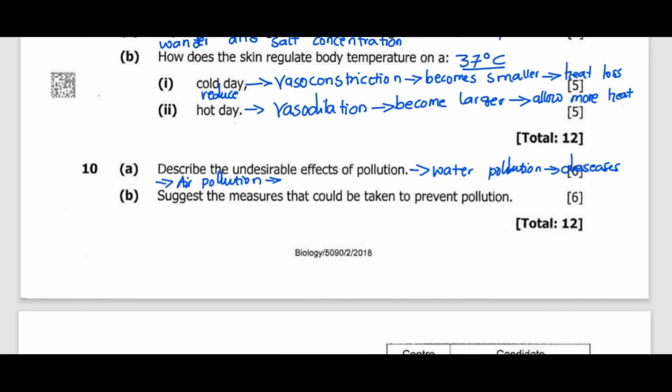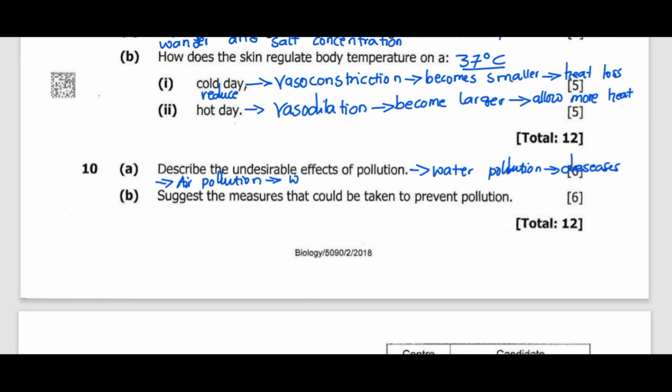Then the other one, polluting the air may cause global warming, which is also a negative. Then also ozone depletion. Then sometimes it may cause acidic rain.